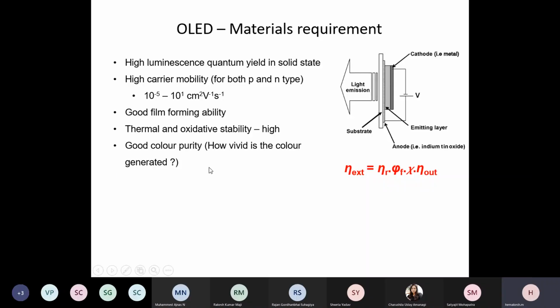One small factor that comes into play in organic LEDs is what is called vividness or color purity. It is kind of difficult to describe color purity without having to deal with a lot of maths. So color purity is how blue is a blue or how green is a green.